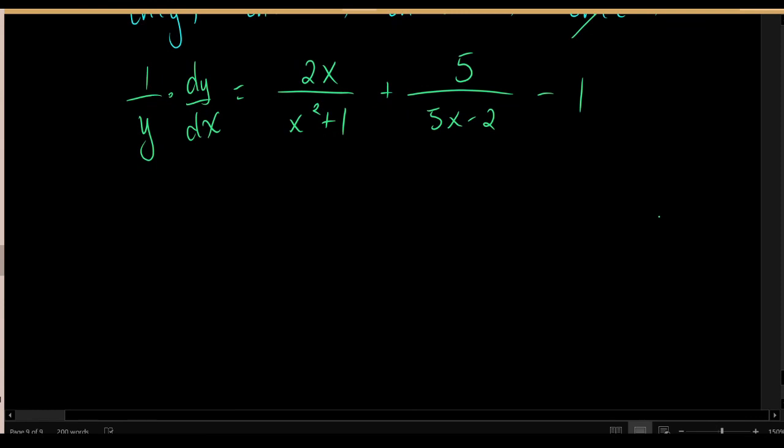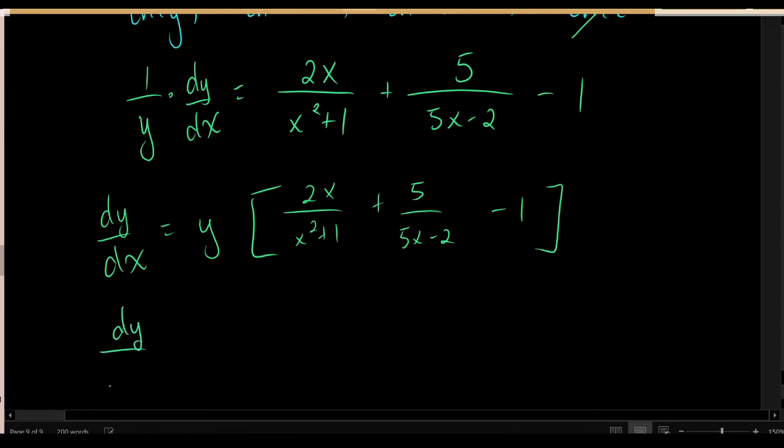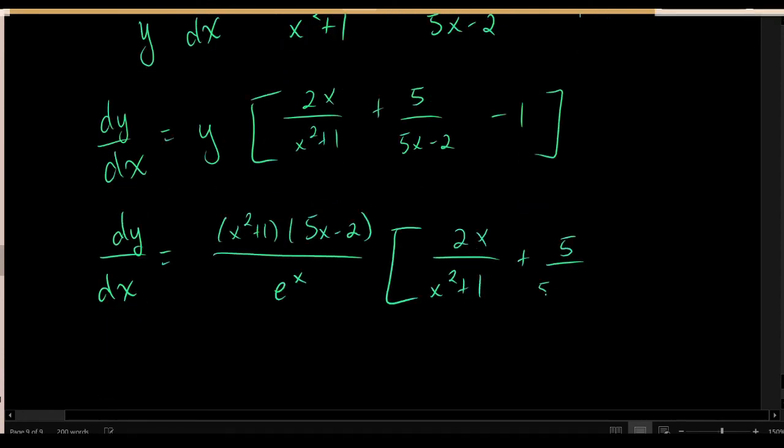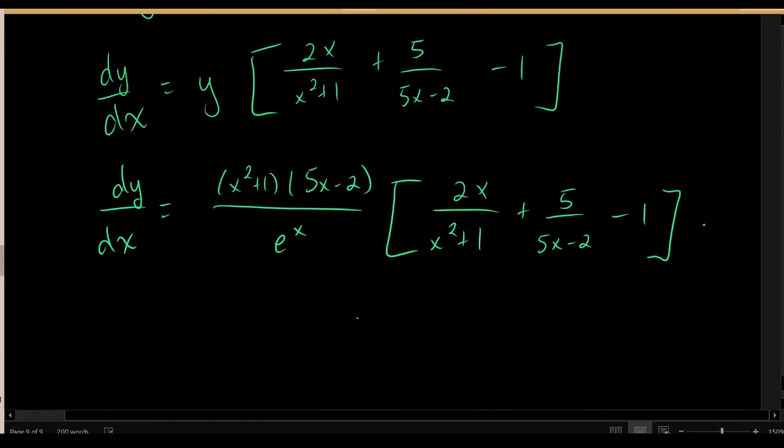So all that's left to do really is to clean this up. A lot of writing, that's for sure, but no more calculations. So this would be the derivative of the function given to us in this problem, found using logarithmic differentiation.